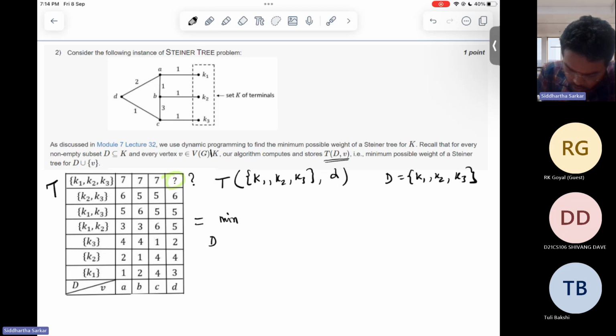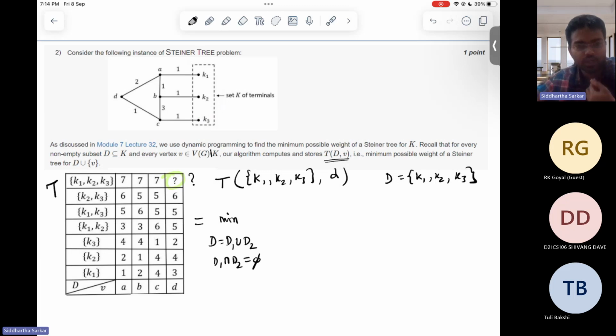So you partition the terminals into two parts. Maybe K1 is one partition and K2 and K3 in another partition. Or maybe these two in one partition and this is another partition. Or maybe this is one partition and this is another partition, like that, such that D1 intersection D2 is empty.